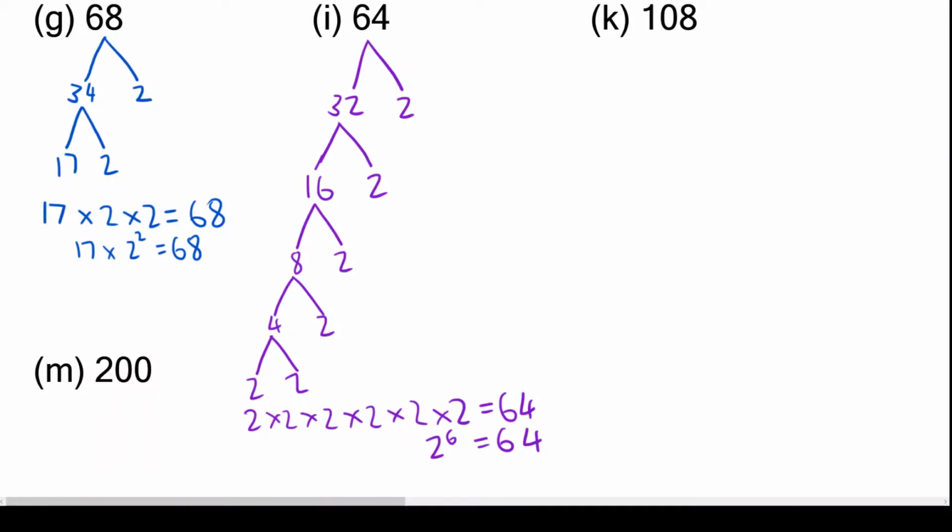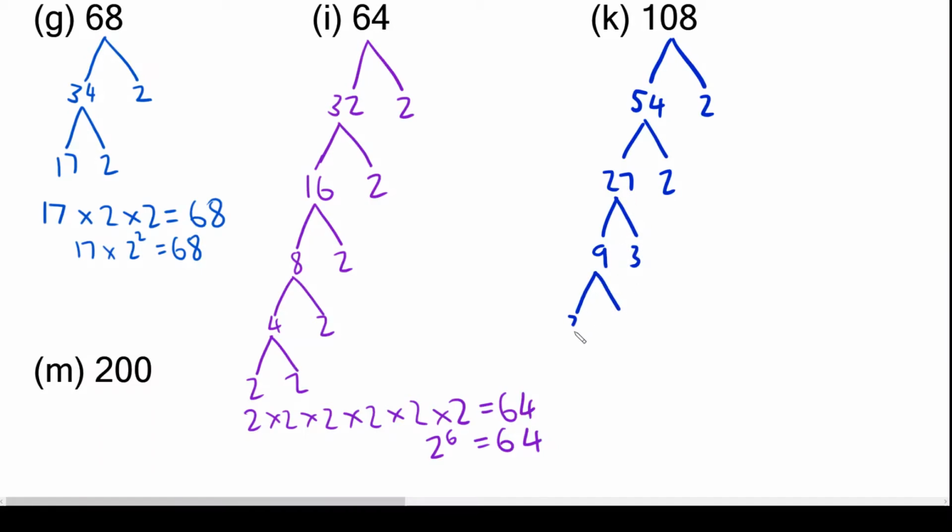Second last one, 108. So here we're going to have 54 and 2, and 27 and 2, and then we'll have 9 and 3. 9 times 3 is 27.